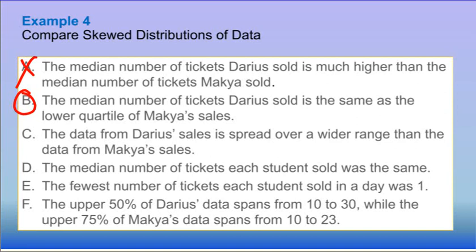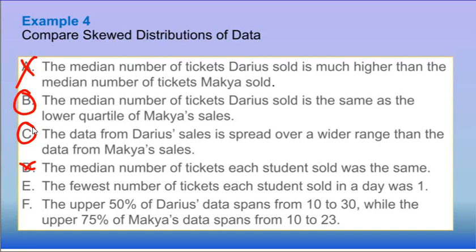Next, the data from Darius' sales is spread over a wider range than the data from Micaiah's sales. That one would be true. There you would use the spread. They both had the low of 1 and a high of 30. Letter D, the median number of tickets each student sold was the same. That is not true.